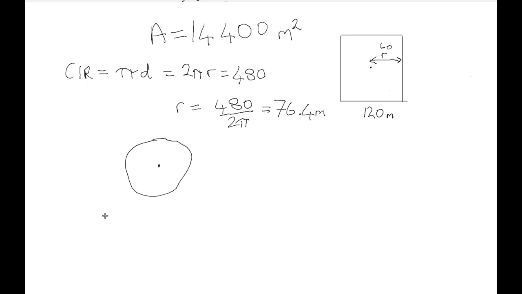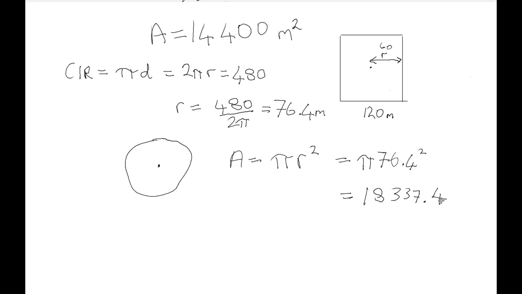Would we get a bigger area? Well, let's have a look. What's the area of a circle? Well, the area is pi r squared, which gives us pi times 76.4 squared, which gives us, again, referring to my notes, 18,337.4.